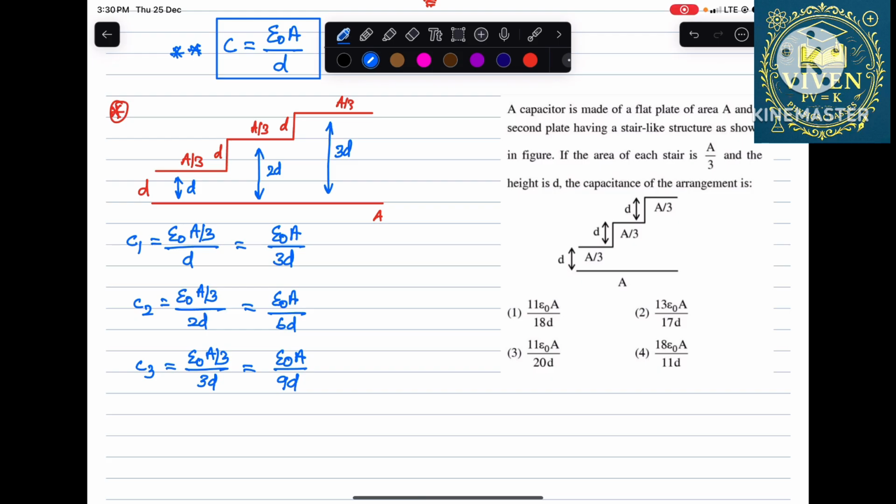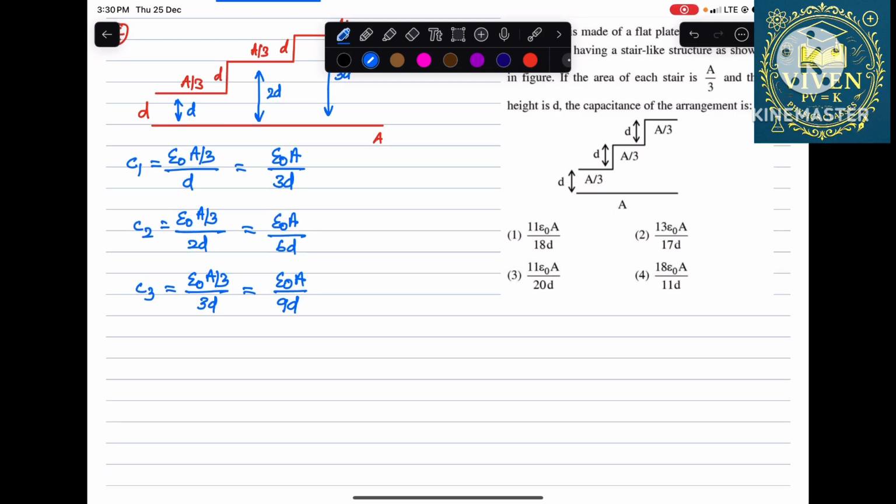See children, this is one of a PYQ, the most important one, right? So net capacitance now, C is equal to, let me add up all these. I can take common epsilon naught A by D, so it is going to be 1 by 3 plus 1 by 6 plus 1 by 9.